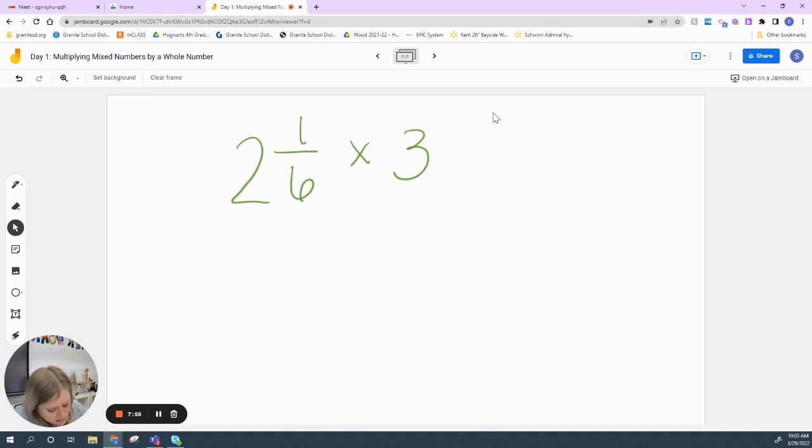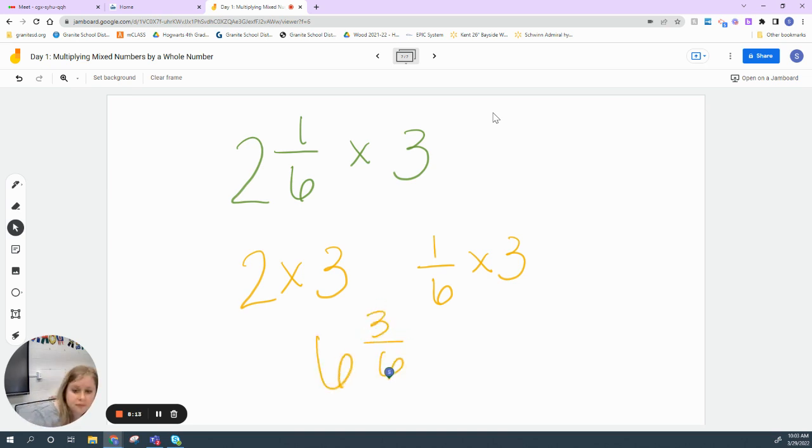It doesn't. So we can still say this is 2 times 3 and 1/6 times 3. It's still the same thing. So 2 times 3 is 6 and 3/6.